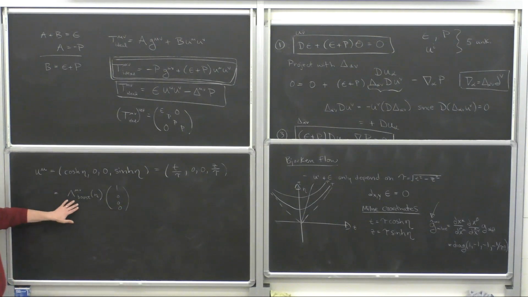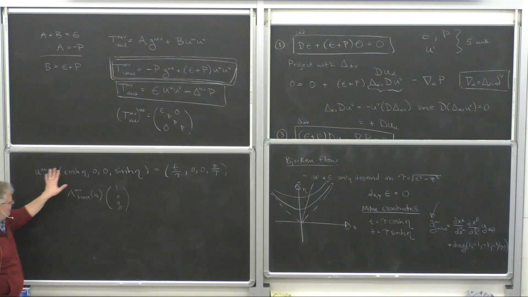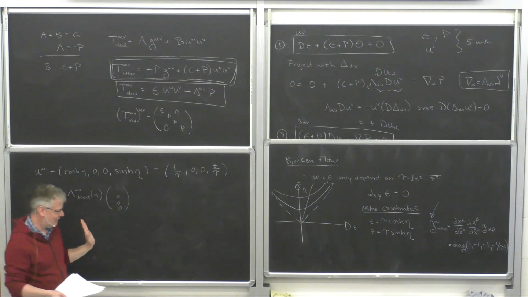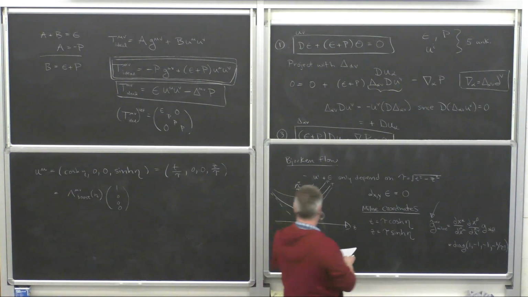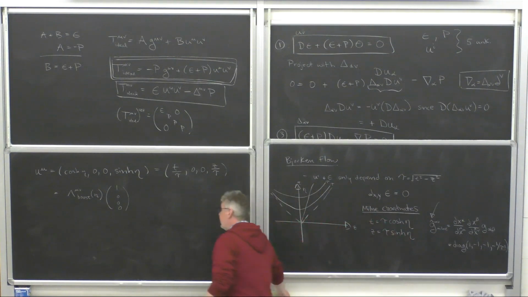Remember, a Lorentz boost has cosh, sinh, cosh in the corners, and this is along the z direction. So if I do a Lorentz boost of this static vector, I get this in the lab frame. This is what it will look like in the local reference frame. That's how you know this is the special combination that results in something simple in Milnor coordinates.